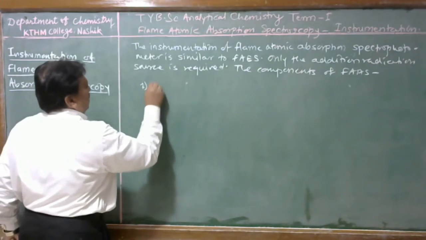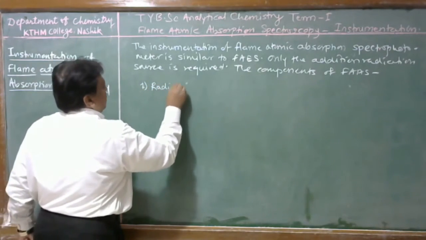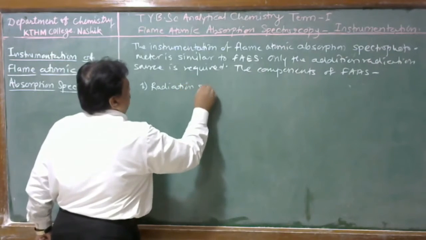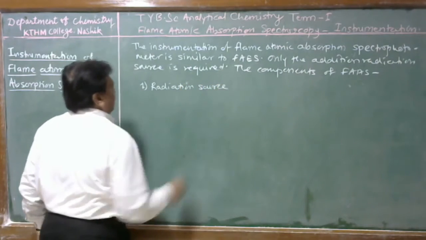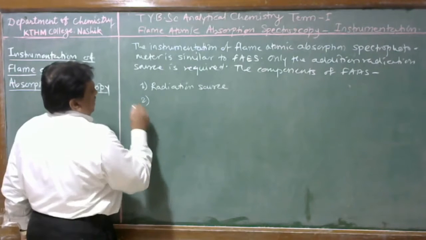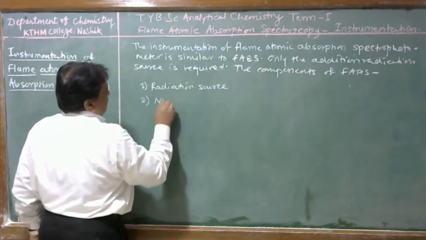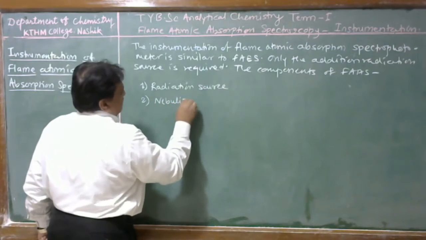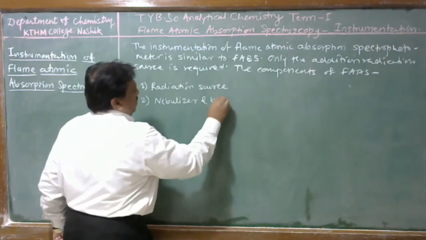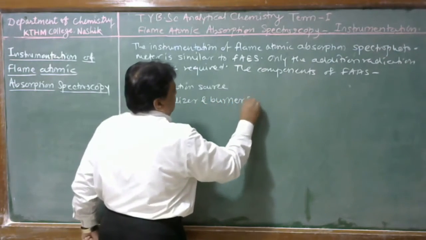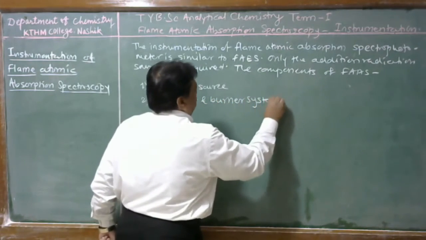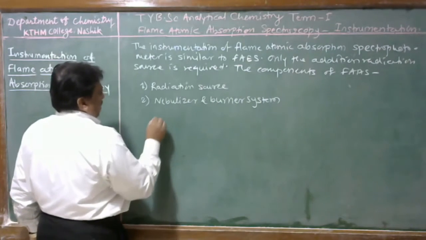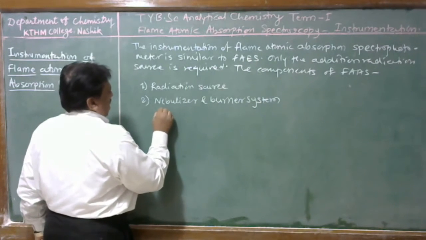Number one, a radiation source. Second one is nebulizer and burner system, that is an atomizer.